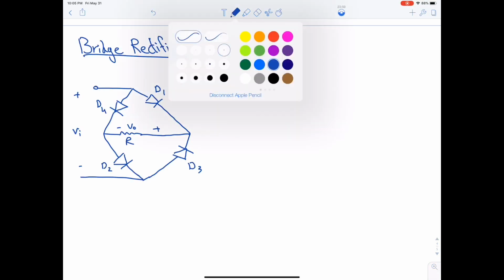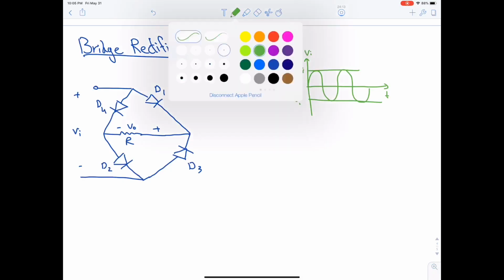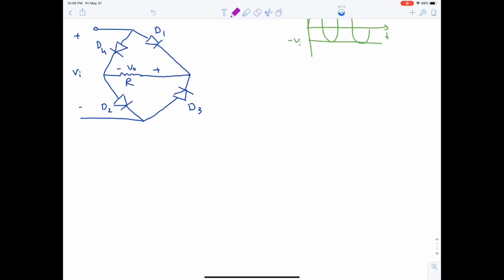So we will begin by drawing the reference. Time, V input, peak values Vi and minus Vi. Okay, then we will say if Vi is positive and if Vi is negative.